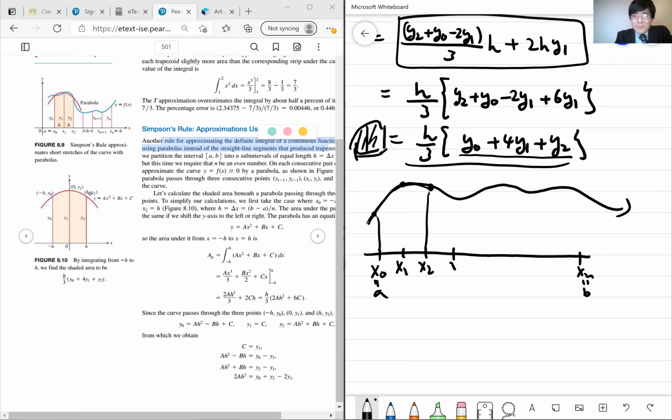If you use the same thing for the next 3 points, sorry, not x2, I should use x4, so this one is for here.